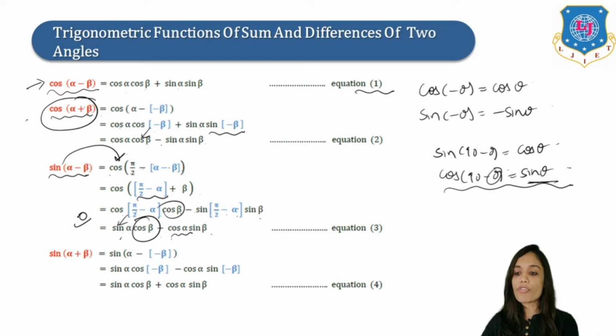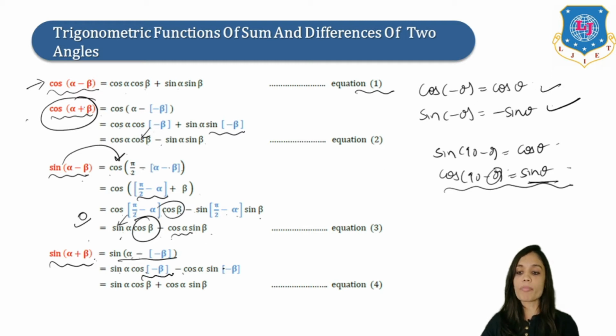Now using this formula, let us find the formula of sin(alpha plus beta). That is equal to sin(alpha minus minus beta), just a minor modification, right? Now use this above formula. So we can write this as sin alpha cos(minus beta) minus cos alpha sin(minus beta). Now we have these two formulas.